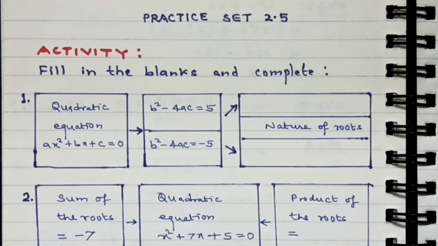In the last video, I solved the problems from practice set 2.4, where I compared the given quadratic equation with the standard form of a quadratic equation, ax square plus bx plus c is equal to 0, and found the values of a, b, c.